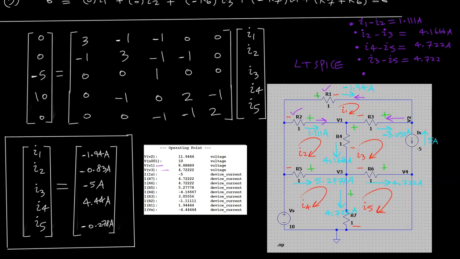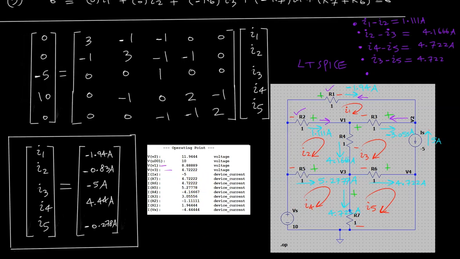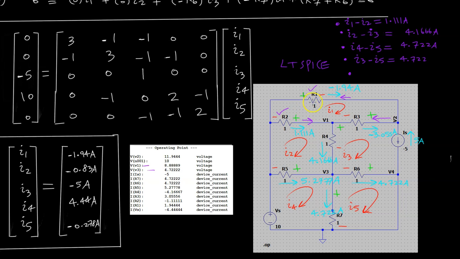Okay, well, remember that the key to relating the mesh currents that we have assumed and calculated to the LTSPICE branch currents is that we essentially have to rely on R1, because that is the only resistor where the mesh current is equal to the branch current.